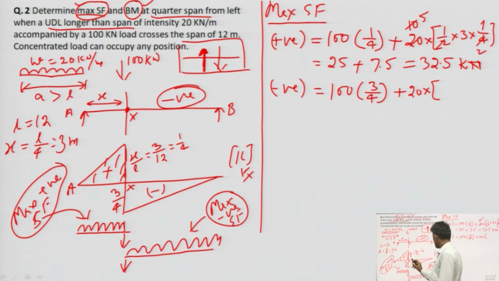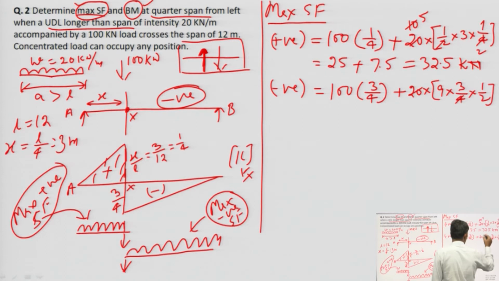In this case, what is the base length? Since it is 3, this length will be 9. So 9 into the height 3 by 4 into 1 by 2.